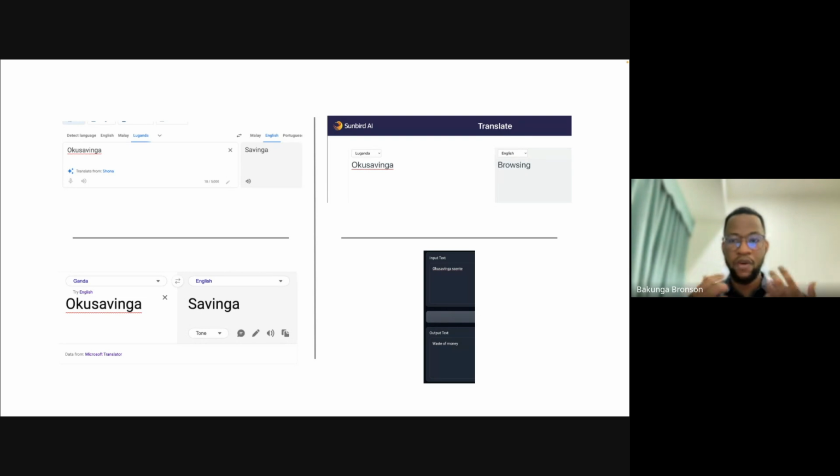So in other words, if I was trying to convey the message to save money, in the lower right corner, you see that when we take this to a solution by Facebook called No Language Left Behind, which has over 200 languages inside of it, Uganda being one of them, it tells you that the same word, okseving asente, really means waste of money. So we can't use this practically in our day-to-day chat systems. We can't use this in our sentiment analysis systems because it's not able to pick up on things that ideally we use now practically almost on a day-to-day basis. Can we go to the next slide, please?